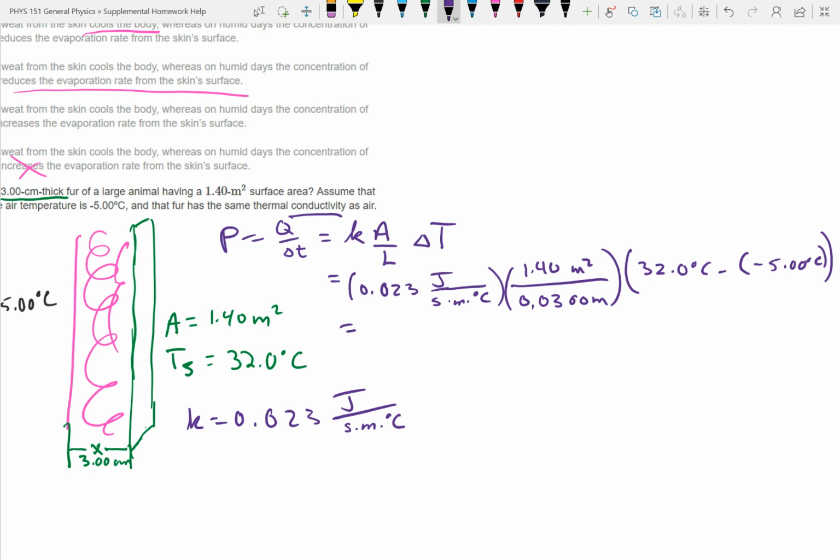So 0.023 times 1.4 times 37 divided by 0.0300. 39.7.